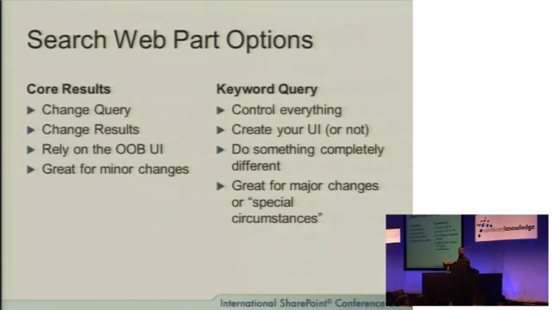You can do something completely different. For instance, maybe part of your solution is to take some user input, go find out if they did it right by doing a search, and then returning something else to their UI. So if you don't need a UI, this is a good solution. And it's also great for major changes or a certain special circumstance that we'll talk about in just a moment.